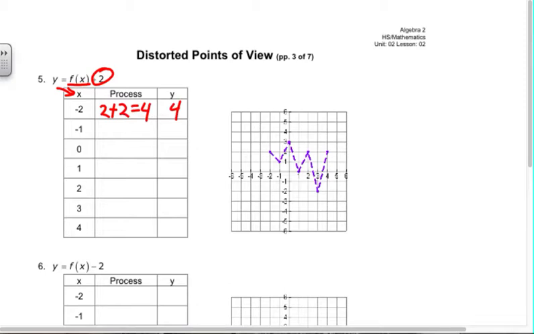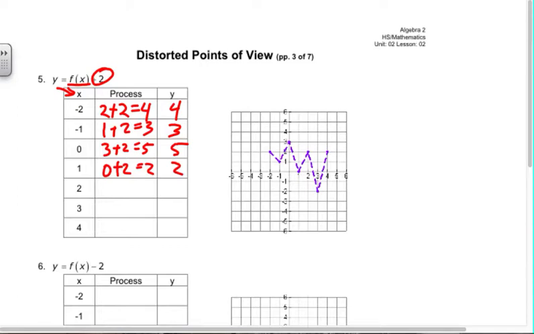Now take a look at what f of -1 was, and it was 1. And I'm going to add 2 to it. That gives me 3. There's my new y value. F of 0 was 3 plus 2 gives me 5. F of 1 was 0 plus 2 is 2.